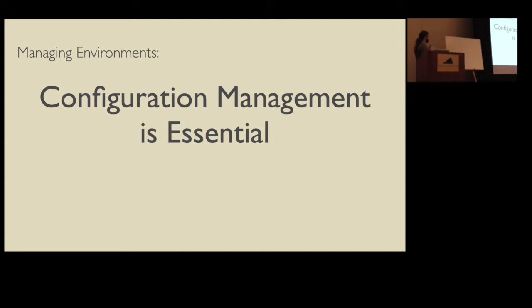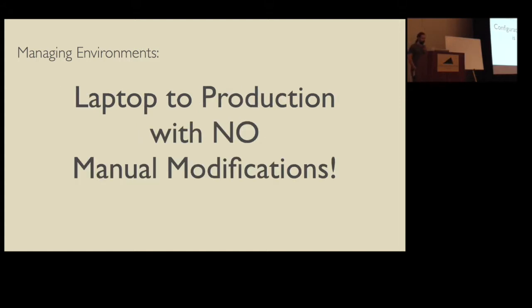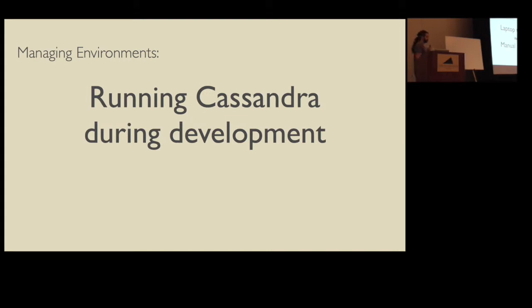In the modern day, with the maturity of the tools we have for managing configuration, it's essential that we're using something like Chef or Ansible or Puppet to push changes out across the architecture and track those changes and what effects they have on the system. Ideally, you take your code from laptop to production with minimal modifications. You should be able to do that. The tools are out there, they're open source. That's one of the things you have to do to make your environment more efficient and more understandable, and easier to troubleshoot.